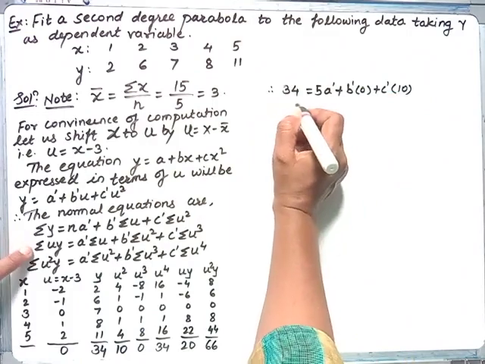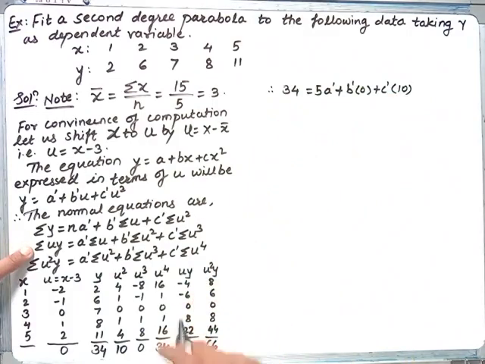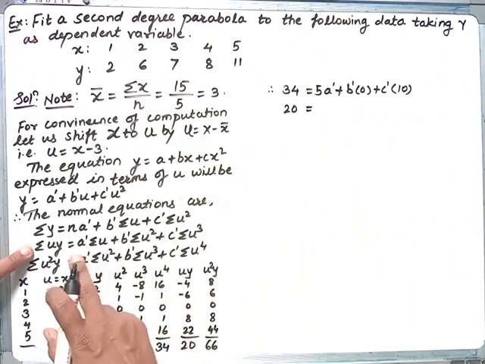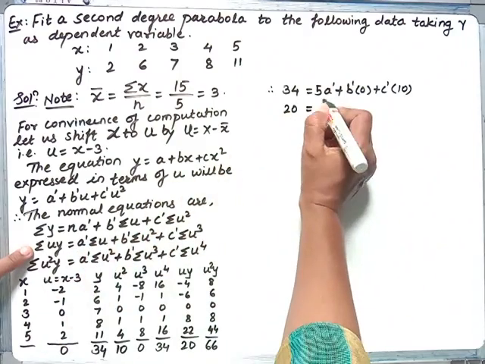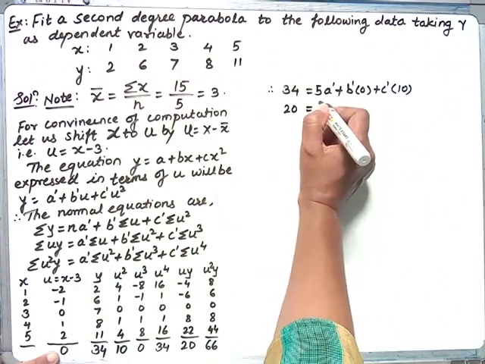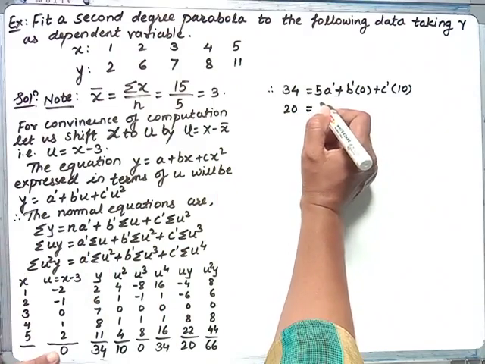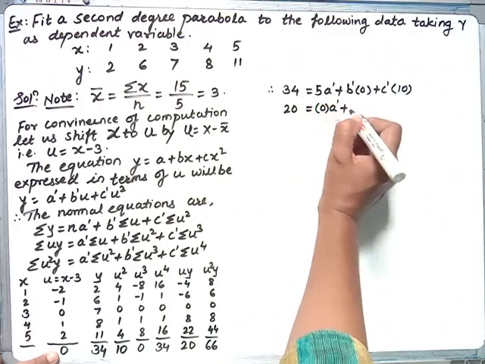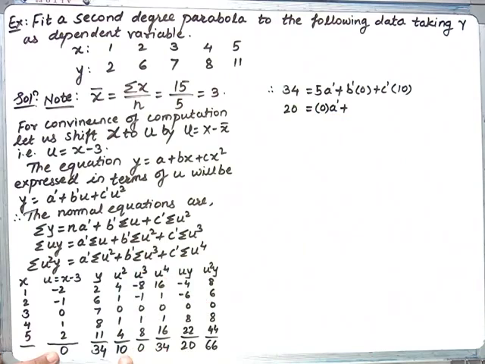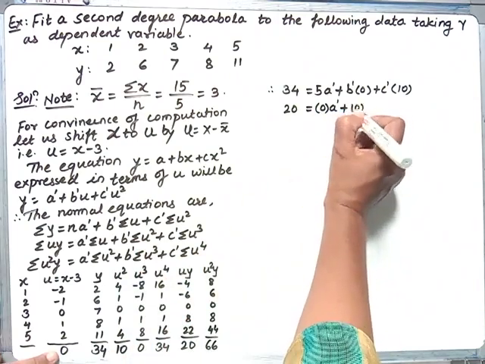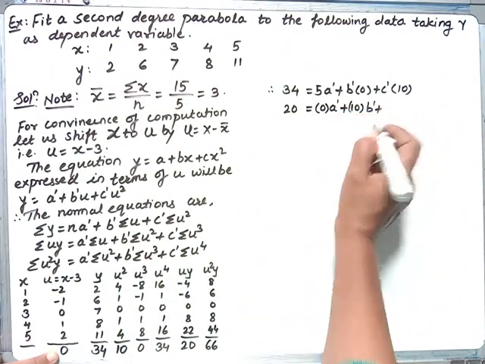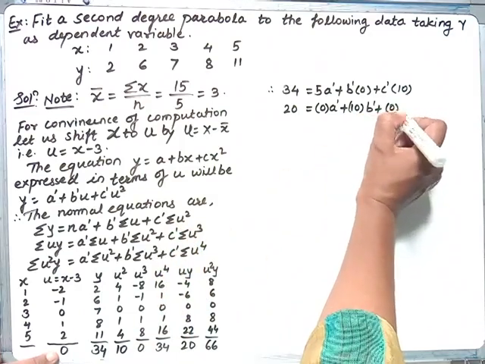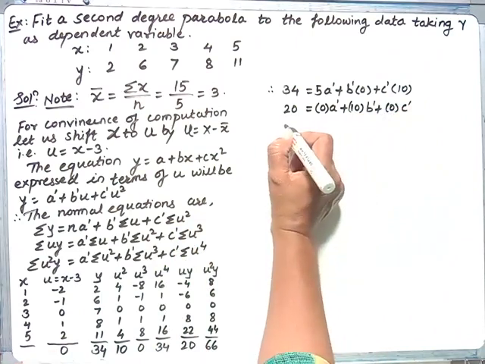Then next one, summation uy is 20, equal to summation u into a dash, summation u is 0, so 0 into a dash plus summation u square is 10, 10 into b dash plus u cube sum is 0, 0 into c dash.